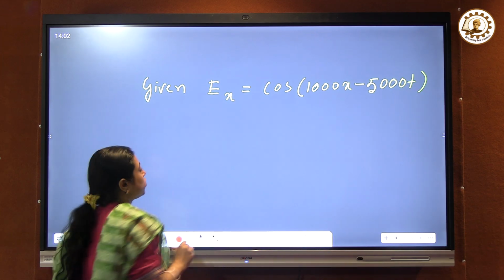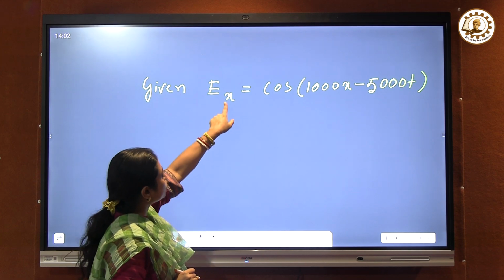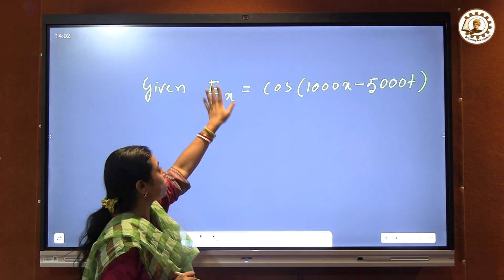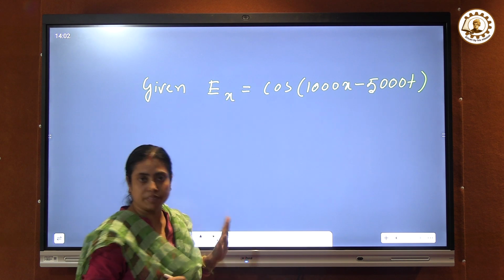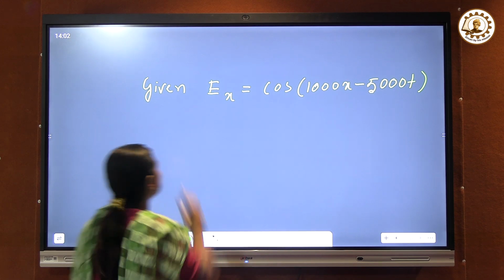So this is your given electric field. This is the X component of the electric field; they have given only the magnitude.